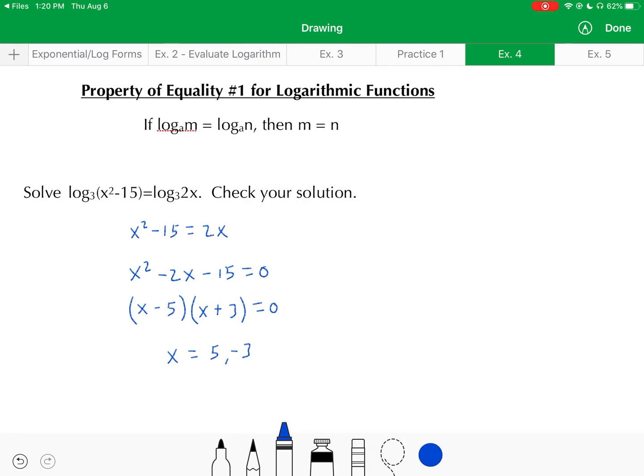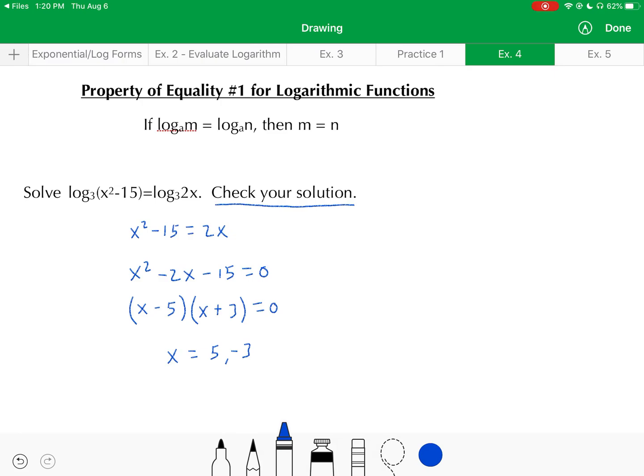Okay. Notice the directions say to check my solutions, though. And the reason for that is if our solutions, when we plug them back into either argument, make the argument simplify to a negative number, then you have to rule them out. Okay. When I plug 5 back in to either argument, I'm going to end up with 10 as the simplified argument.